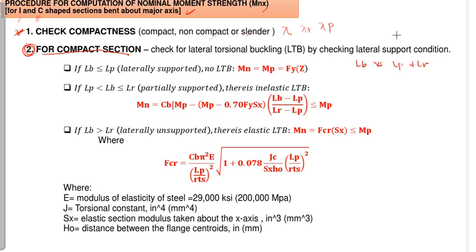Okay? So, paano mo ngayon malalaman kung magkakaroon tayo ng LTB, yung lateral torsional buckling? This is to check dito sa ating lateral support condition. Diba? So, support condition natin, we have fully supported, meron tayong partially supported, and meron naman tayong laterally unsupported.